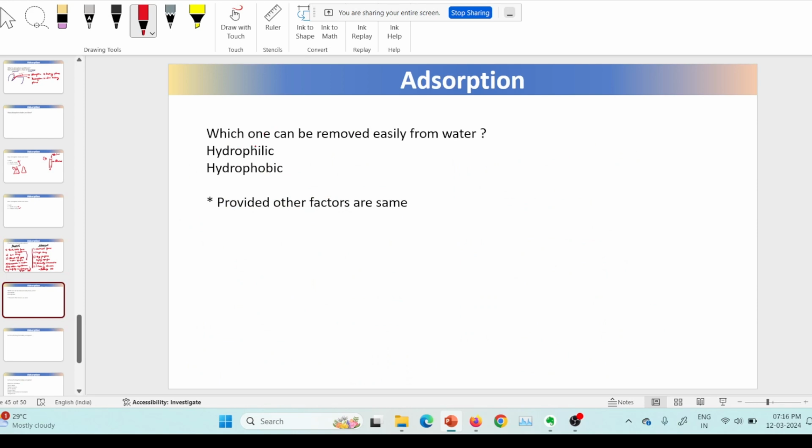Which one can be removed easily from water? This is about the adsorbate, hydrophilic or hydrophobic.